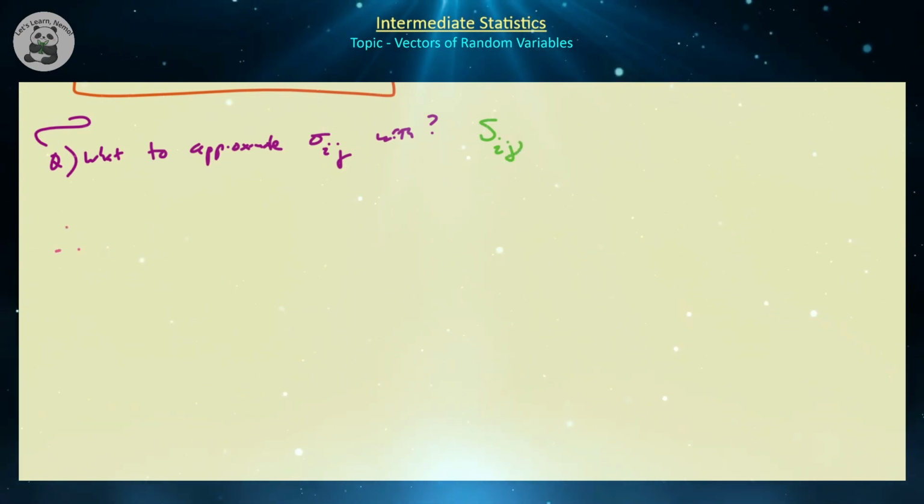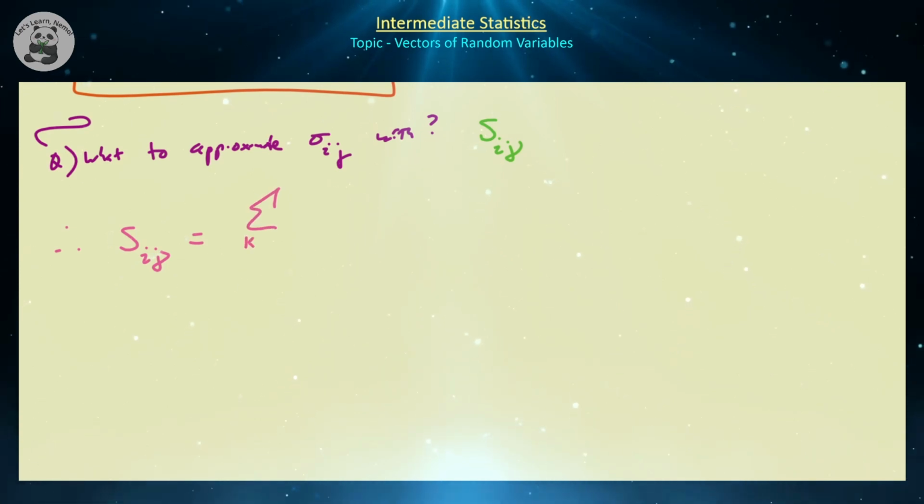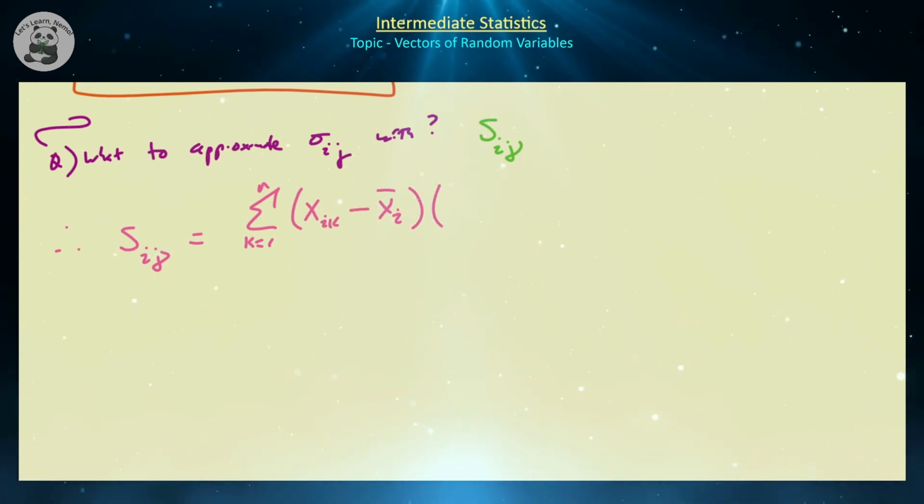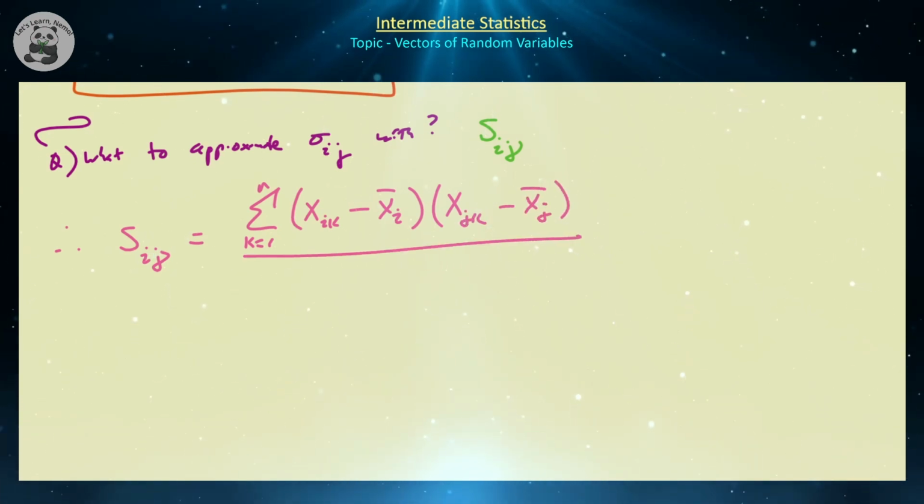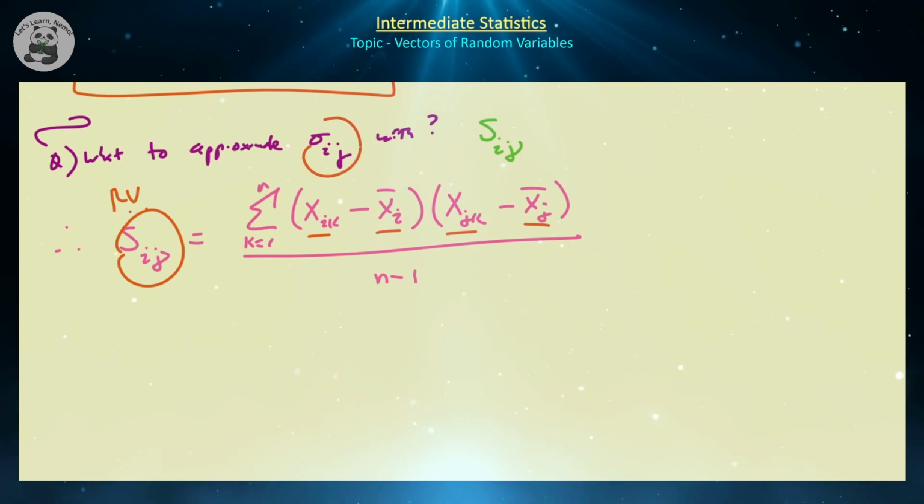So this symbol, Sij, is going to be equal to the sample covariance, and this is going to be equal to the sum from k equal to 1 to little m of xik minus x bar i, and then xjk minus x bar j, all over n minus 1. And keep in mind, xik, x bar i, xjk, and x bar j are all random variables, so therefore this is also a random variable, and that obviously is a parameter.